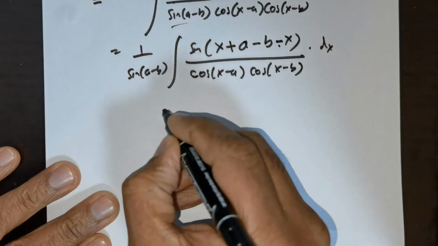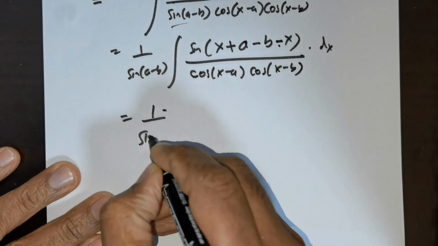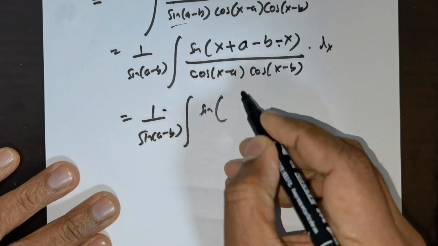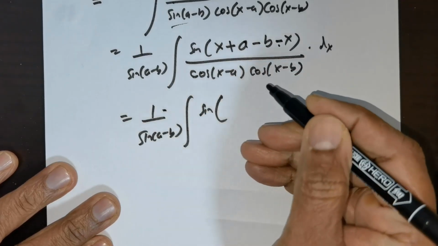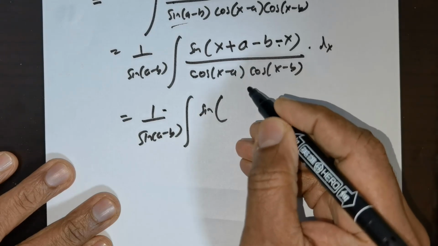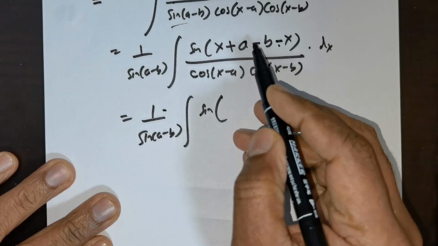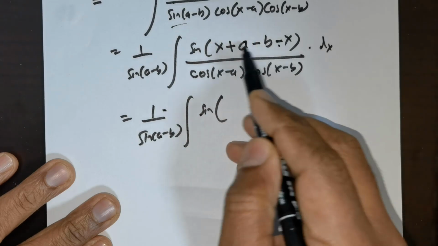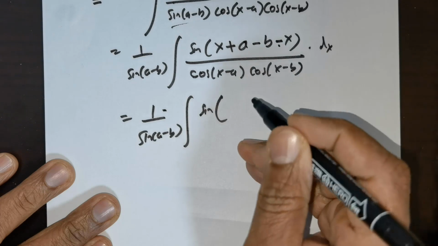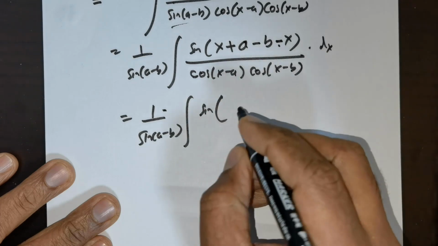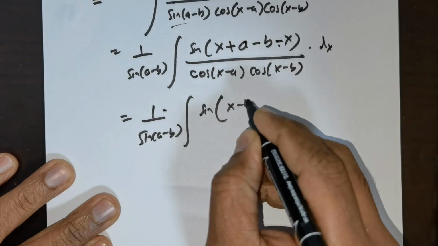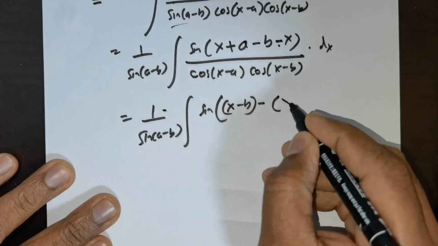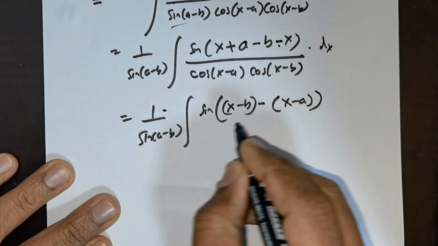Now I would rewrite this as an integral of sine of, as two terms, (a − b). So for that I have to perform some manipulations in this part. I need to have x − b, so I'll start with x − b, and then I'll place a negative sign, and I need to have x − a.